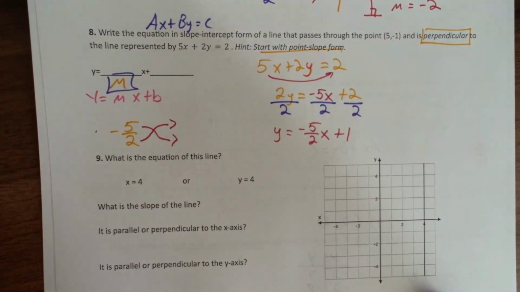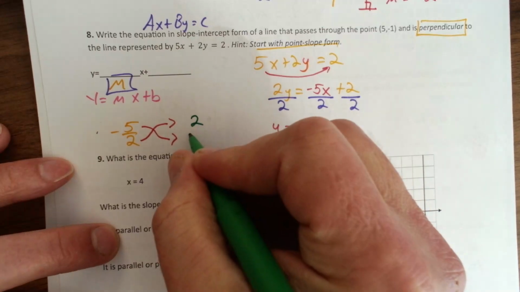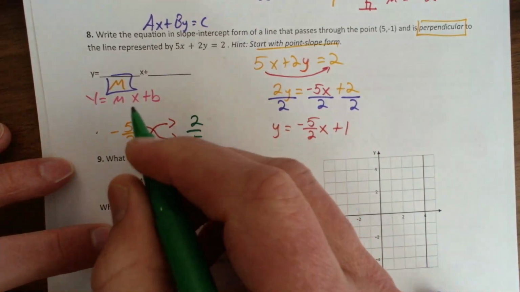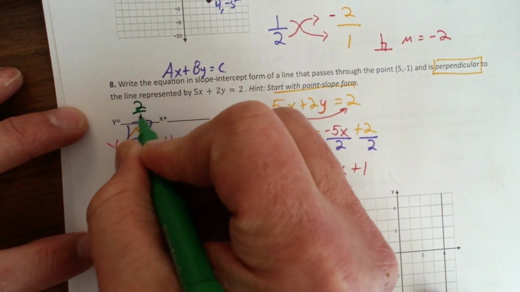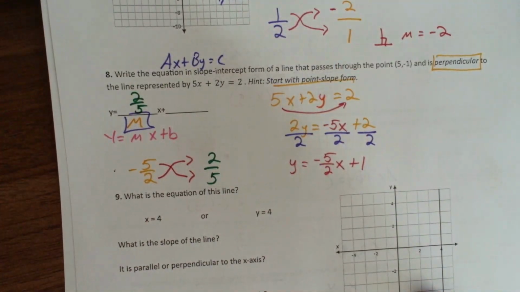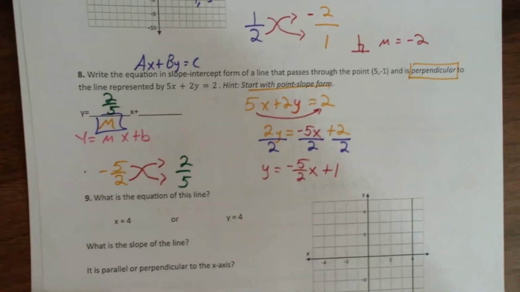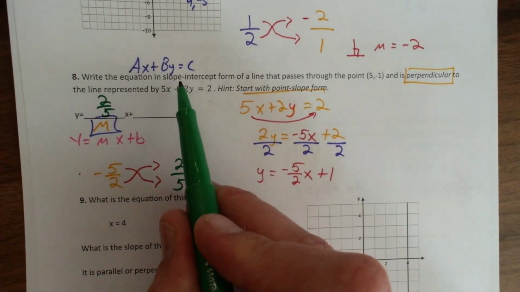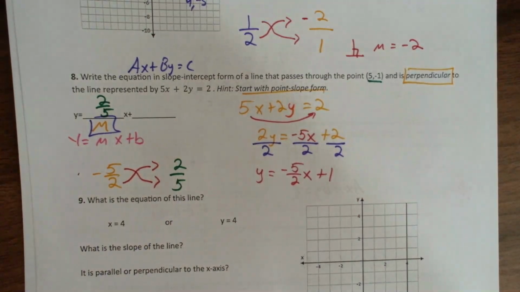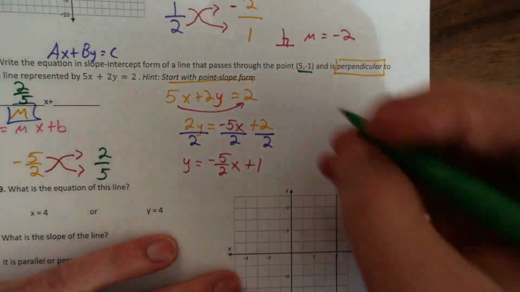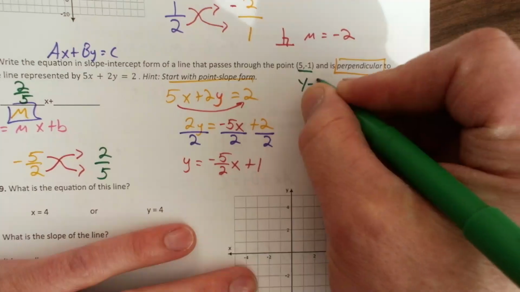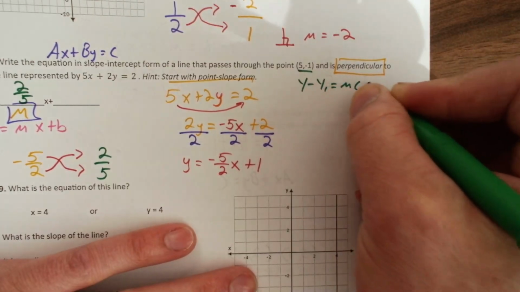So instead of 5 over 2, it becomes 2 over 5. And instead of negative, it becomes a positive. So that's the first part. Step 1, done. I found my slope. Step 2, it's still written in slope-intercept form, and all they did is they gave me a point. So now I have to use my third form, which is point-slope form.